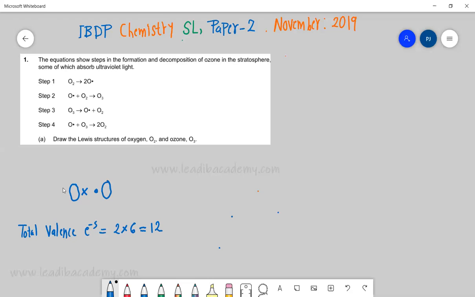Now let's see how many electrons are left. So we can clearly see that out of 6, let's put 2 and 2. That makes us 4, and here 6. So now check up.